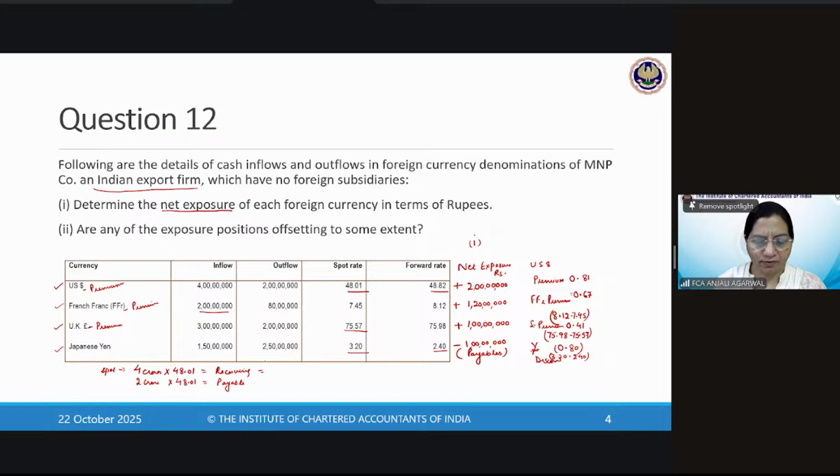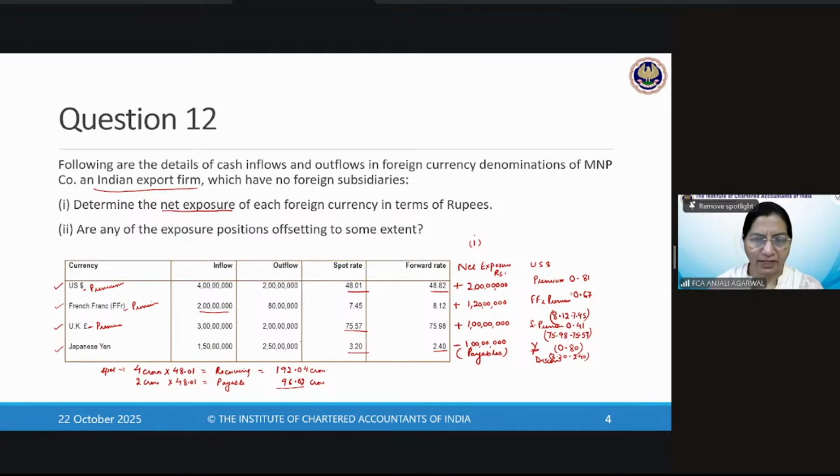So in the spot rate, what was the situation? You had a receivables of 192.04 crores and you had a payables of 96.02 crores. So far clear? Yes, clear.